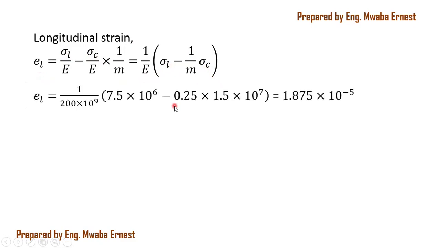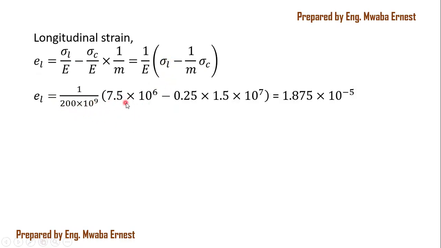Moving on, for the longitudinal strain, we now just do the substitution. 1 over E is 1 over 200 times 10 power 9, Young's modulus.